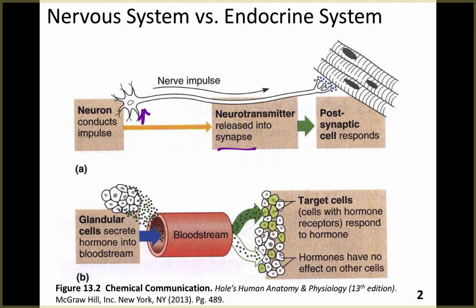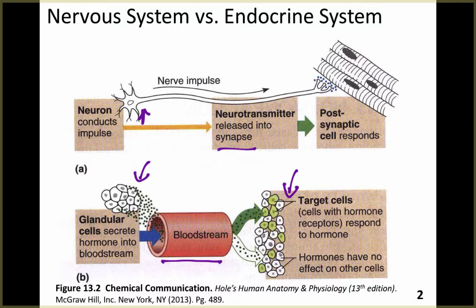How the endocrine system works is essentially we'll have these glandular cells, and they get secreted into the bloodstream. And the bloodstream is essentially the medium used to transfer those signaling molecules to its target cell. And the target cell will recognize them. They'll have receptors on them for whatever hormone gets released, and that's how they'll respond to them.